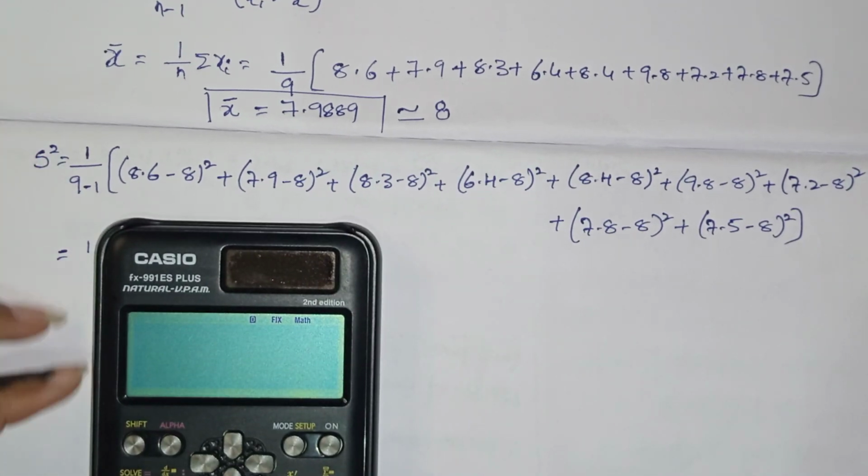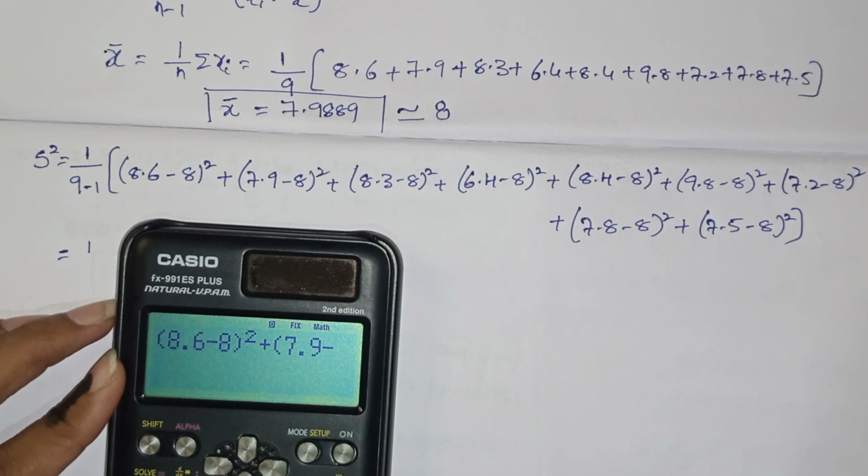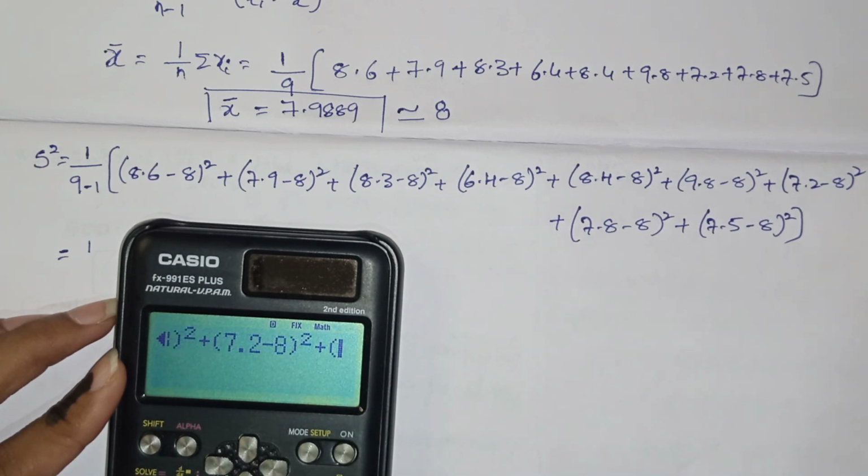The first one is 8.6 minus 8 whole square plus 7.9 minus 8 whole square plus 8.3 minus 8 whole square plus 6.4 minus 8 whole square plus 8.4 minus 8 whole square plus 9.8 minus 8 whole square plus 7.2 minus 8 whole square plus 7.8 minus 8 whole square plus 7.5 minus 8 whole square.